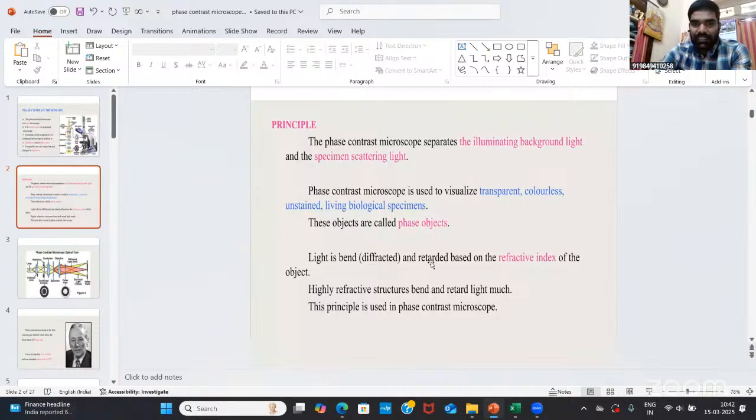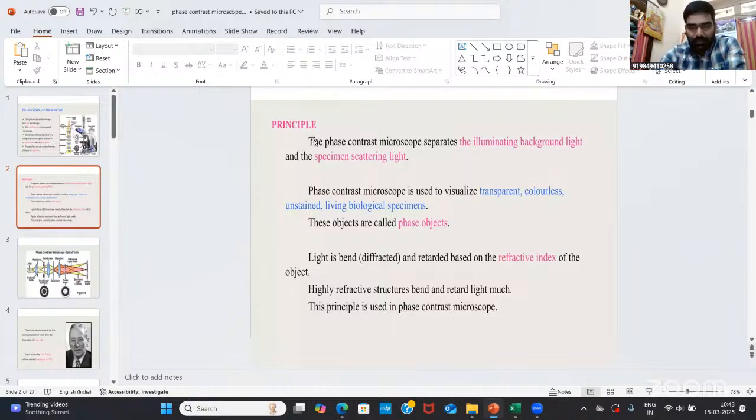Light is diffracted and retarded based on the refractive index of the object. Highly refractive structures bend and retard light much more. This principle is used in the phase contrast microscope.